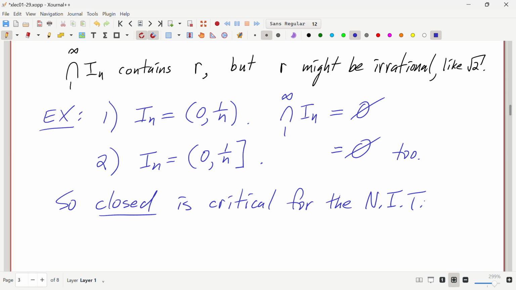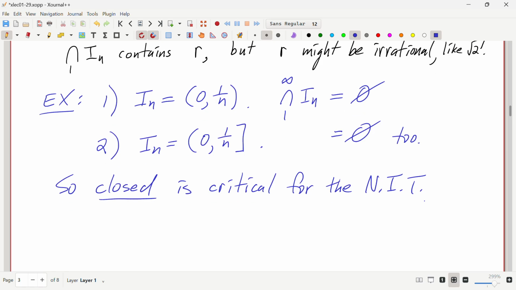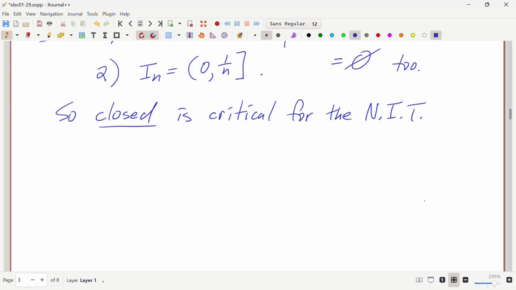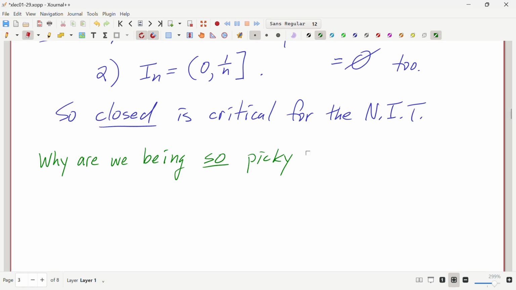I thought this might be a fun moment to explain why we are being so picky about these mathematical arguments. Picky and careful. It's because you can make big errors when you aren't careful.